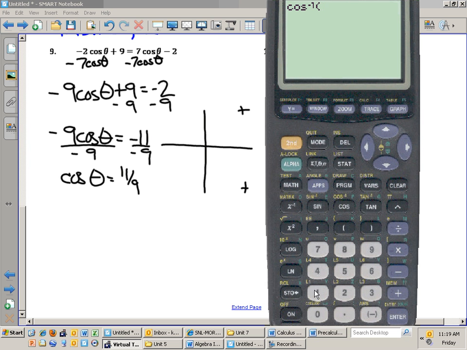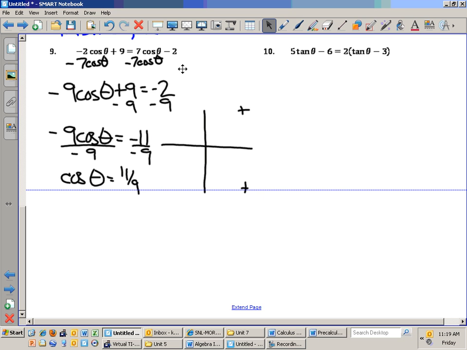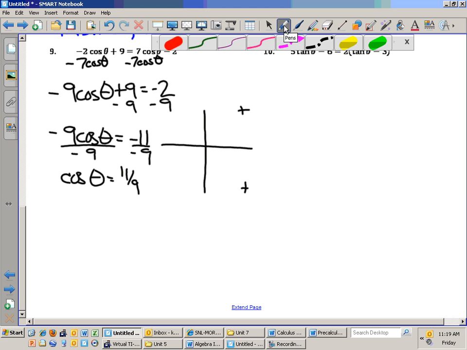Cosine inverse of 11 divided by 9. Alex, why do I get a domain error here? It's not because it's bigger than 360, it's because 11 over 9 is bigger than 1. Remember, cosine and sine can only take on values between positive 1 and negative 1.